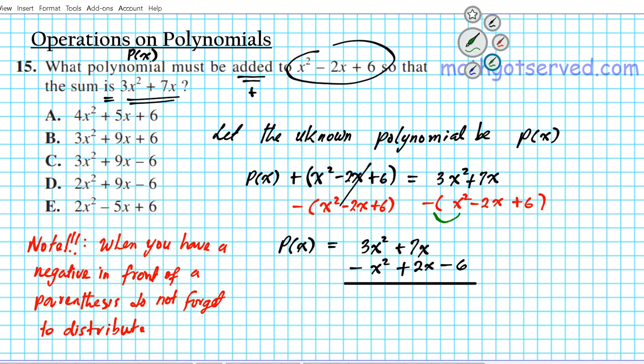So this minus goes to 1, 2, and 3. Alrighty? Okay, so let's simplify now that we've corrected the whole thing. So 3x squared minus x squared is 2x squared. 7x plus 2x is 9x minus 6. The answer to question number 15 is letter D.